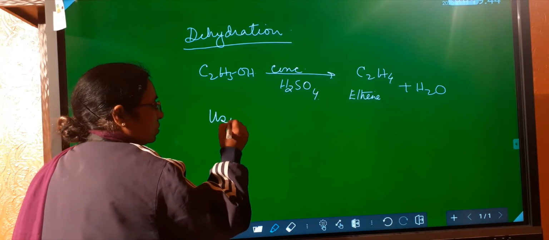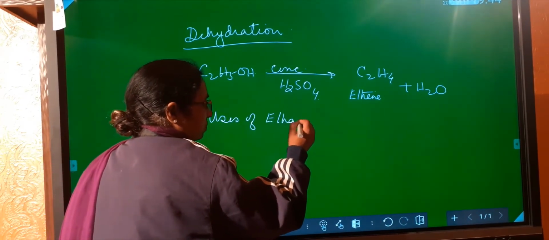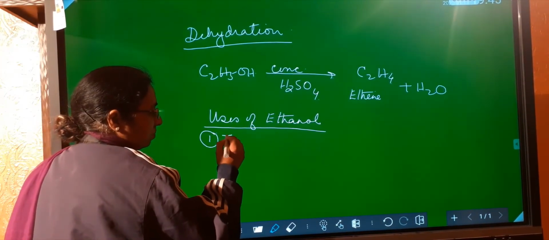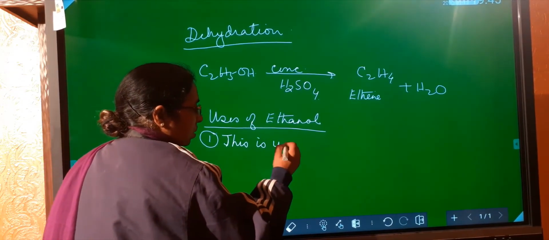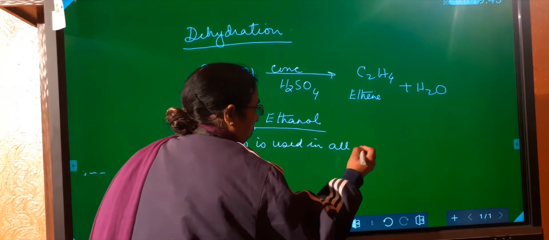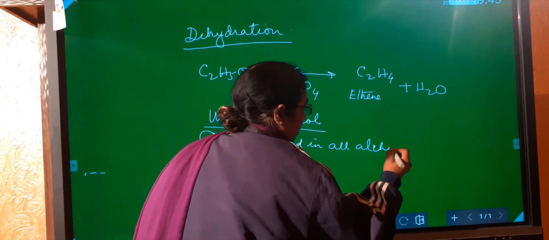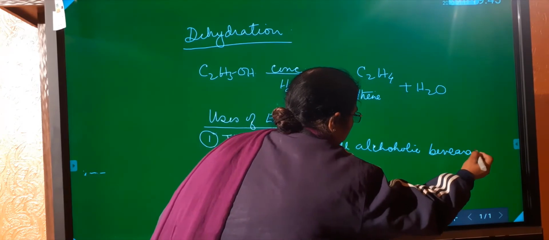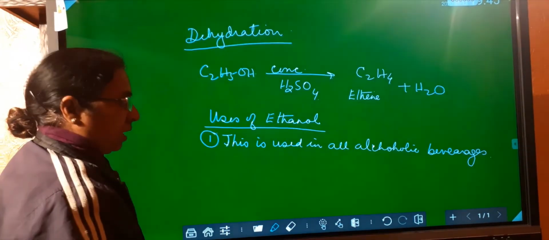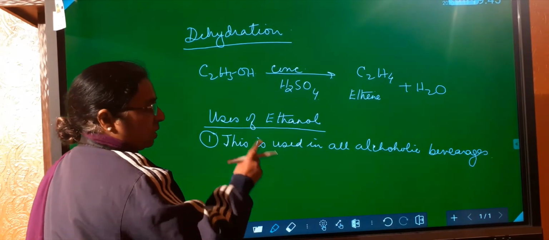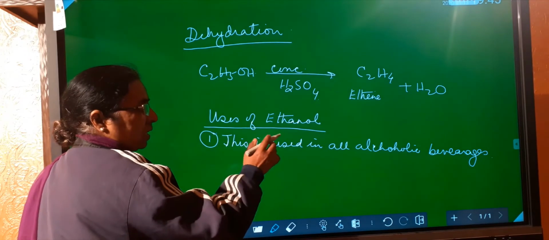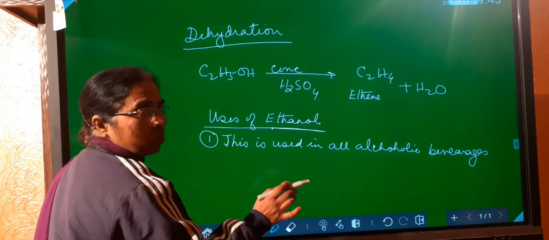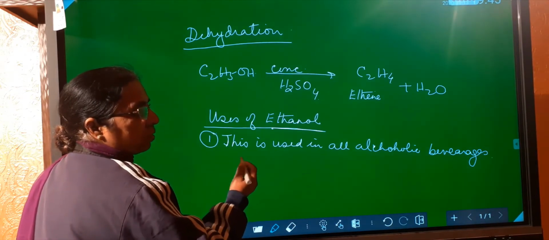Now let us see the uses of ethanol. इथेनॉल के यूजेस देखिए, first of all we know that this is used in all alcoholic beverages. अगर थोड़ी सी मिथेनॉल मिक्स्ड होगी इथेनॉल के साथ तो वो पॉइजनस हो जाएगी। ठीक है, ड्रिंकिंग पर्पस के लिए जो यूज होती है that is ethanol. If methanol is added then it becomes a poisonous drink. This is used in all alcoholic beverages.